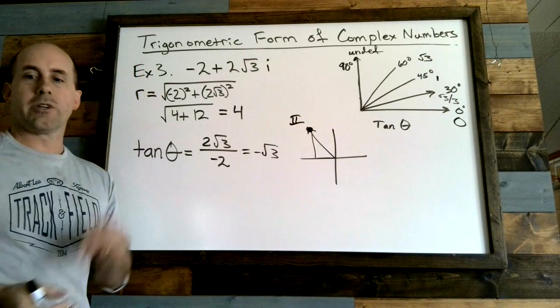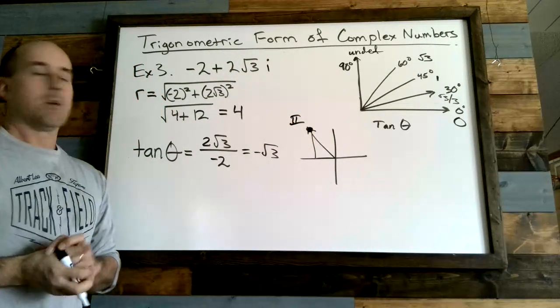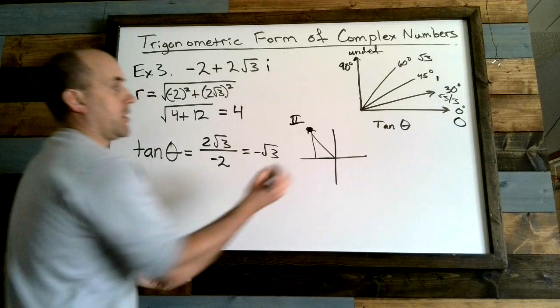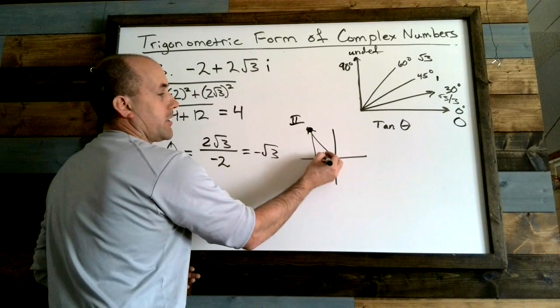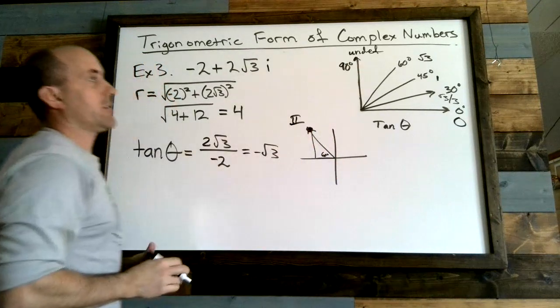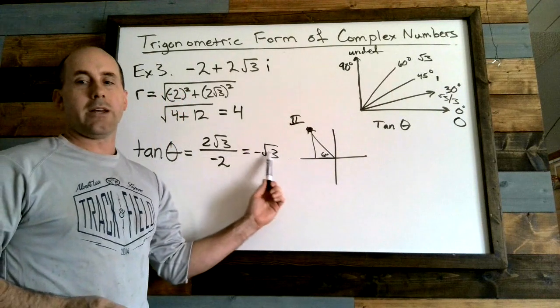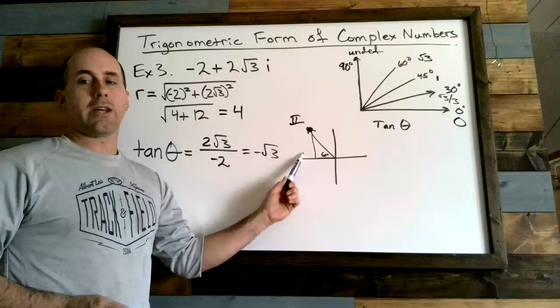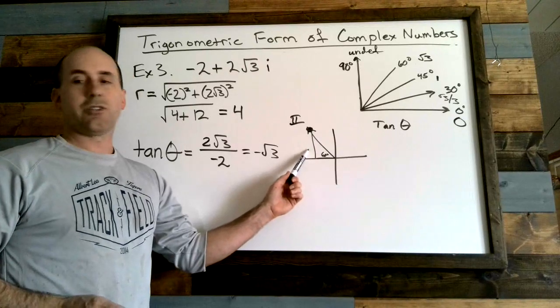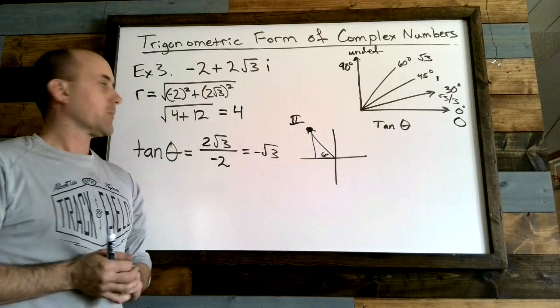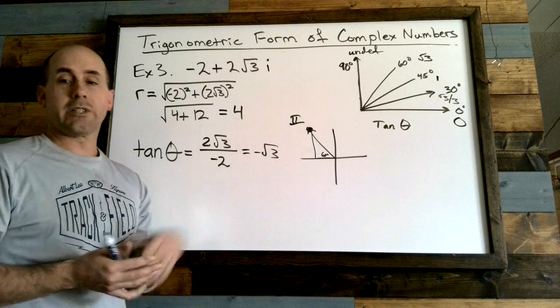The 60-degree angle is where we get the square root of 3. Where does the negative come into play? The negative comes into play right here in the second quadrant. We can tell that from our graph.